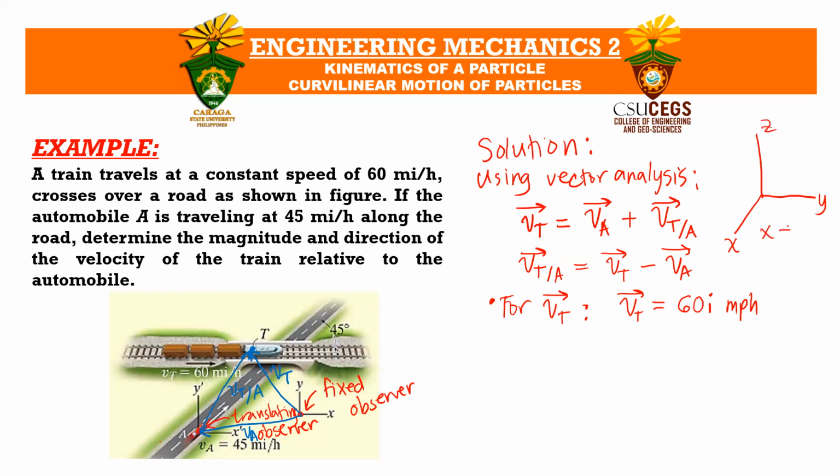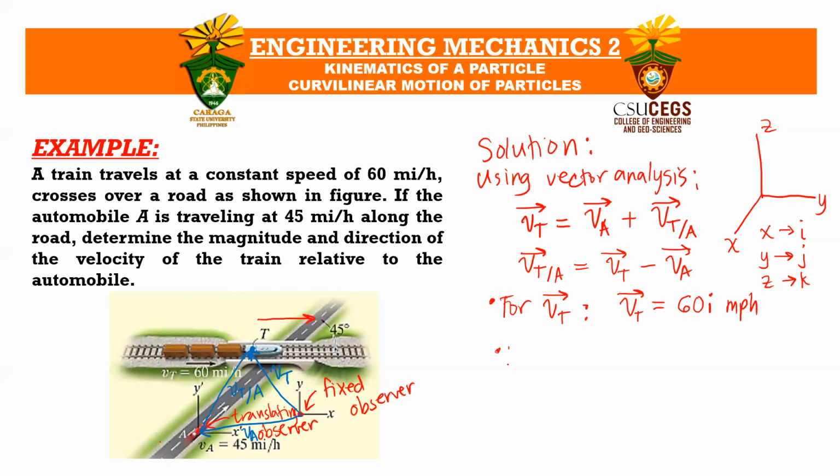So x refers to your i, y is your j, and z is your k unit vector. Since this is two-dimensional, we are using two axes only, the x and y. Here in our problem, the train is moving along the x-axis based on your fixed reference frame. So the vector form of the velocity of your train would be equal to 60i miles per hour.